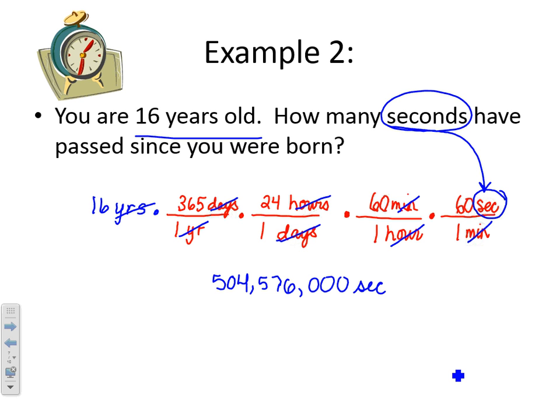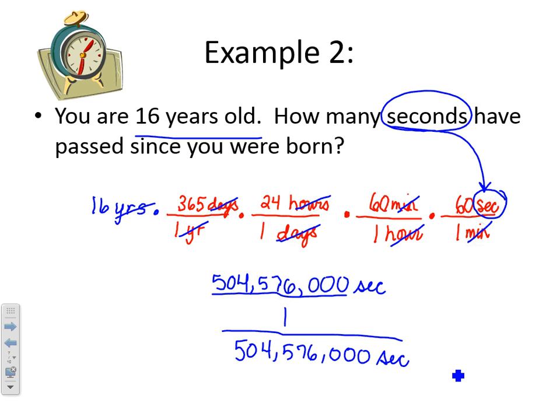And then on bottom, I'd get 1 times 1 times 1. So then it would be divided by 1, and anything divided by 1 is itself. So it just stays the same number of seconds. That's how many seconds you would be if you were exactly 16 years old.